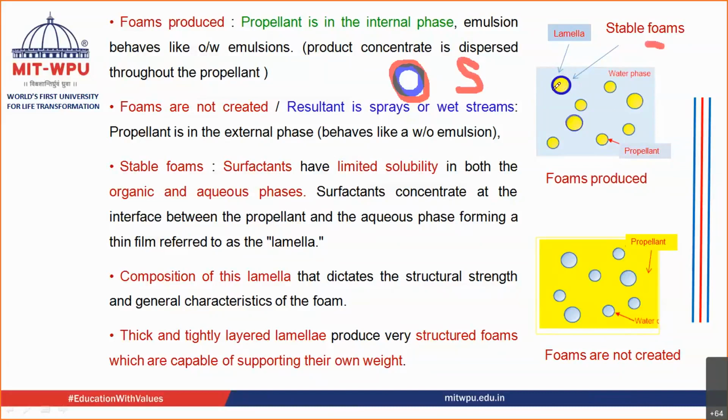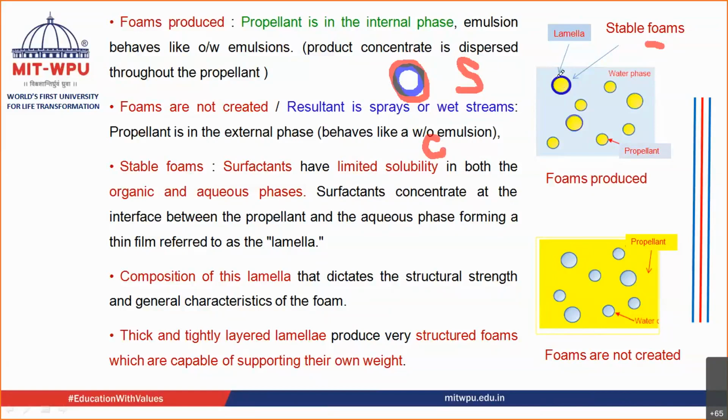Whereas if this lamina is not thick enough, or it is not tightly attached to the dispersed phase, then the foam that you get is a non-stable foam. This foam is going to get quickly dispersed and broken down, and it is going to spread.